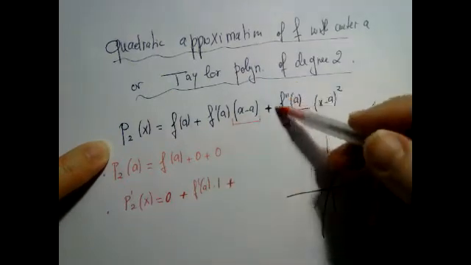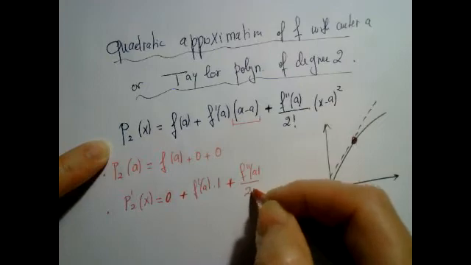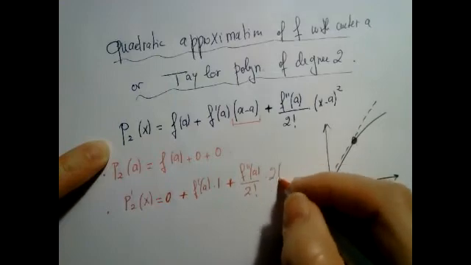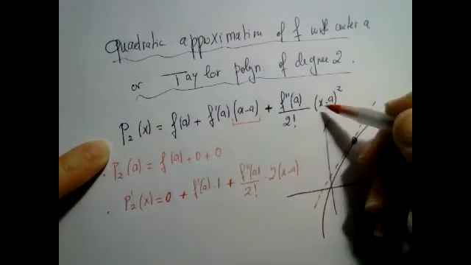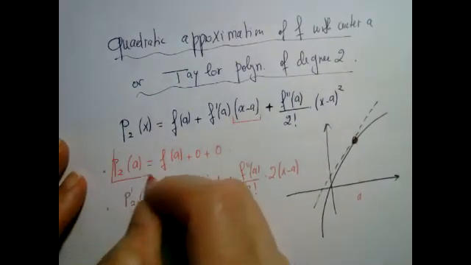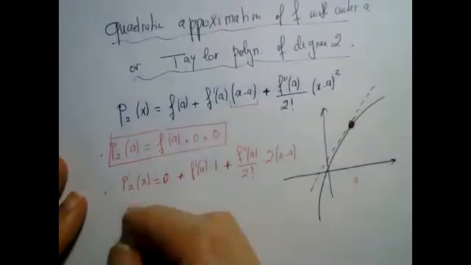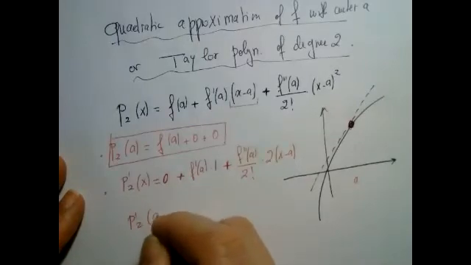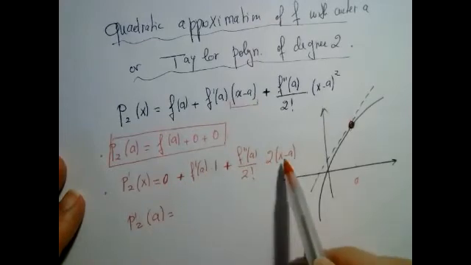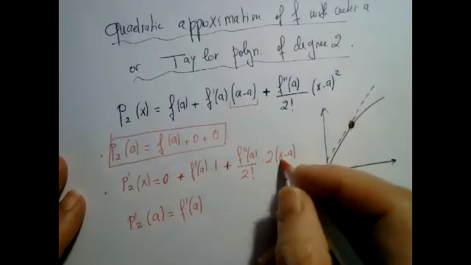Plus the second derivative term, a constant because A is a fixed number, times the derivative of x minus A squared, which is 2 times x minus A times the derivative of the inside, which is 1. Now, if I plug in A, I will get f prime of A, and I will get a 0.